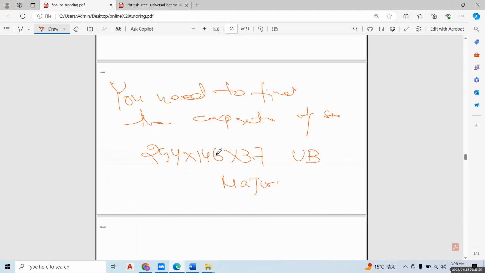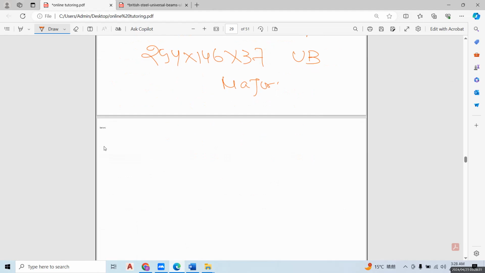So what is the formula? The formula for bending resistance is equal to WPL Fy over the partial factor of safety. The partial factor of safety is equal to 1.